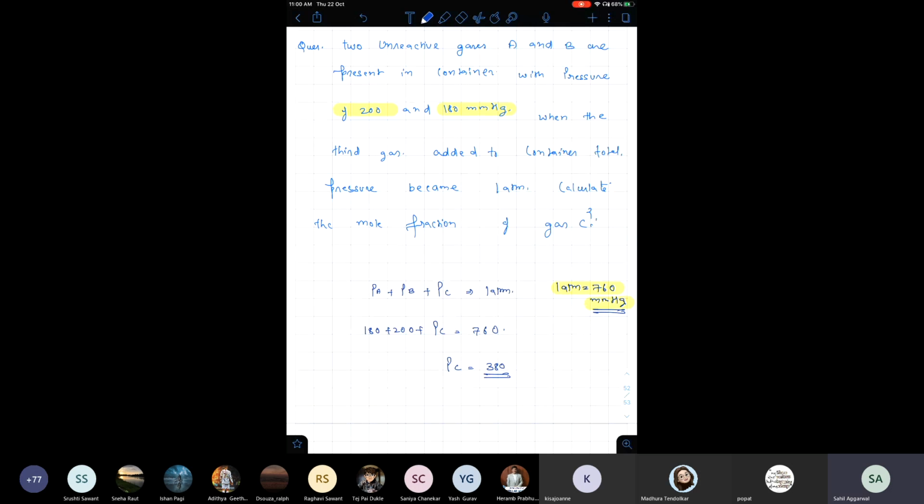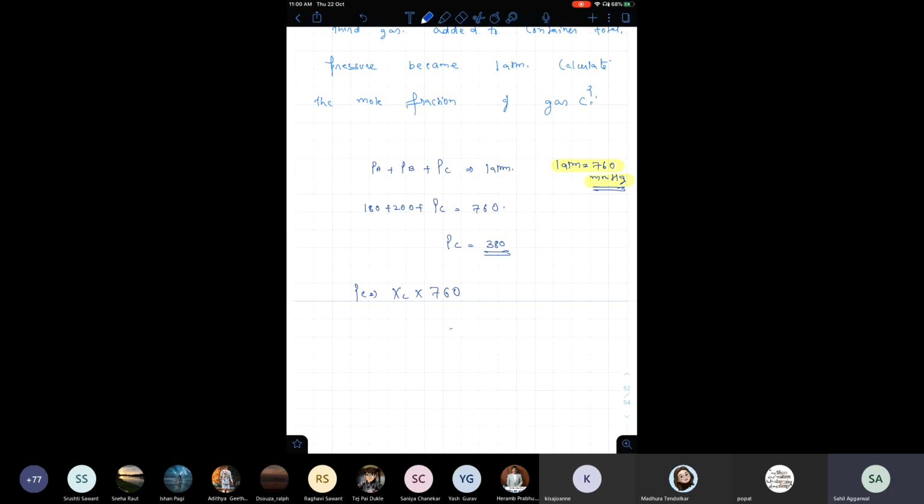We know PC is mole fraction of C into total pressure. So 380 is equals to XC into total pressure. ये आ जाएगा 2, ये आ जाएगा 1. So XC will be equals to 0.5.